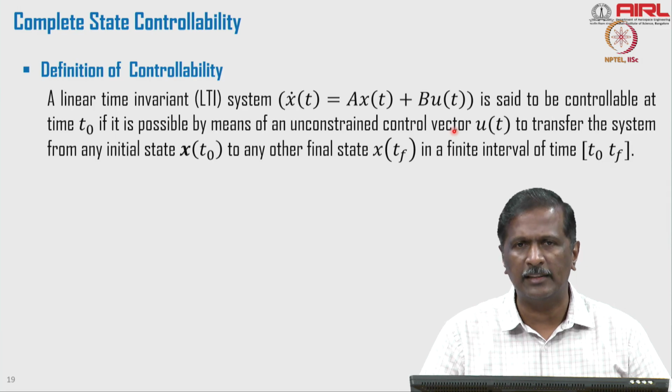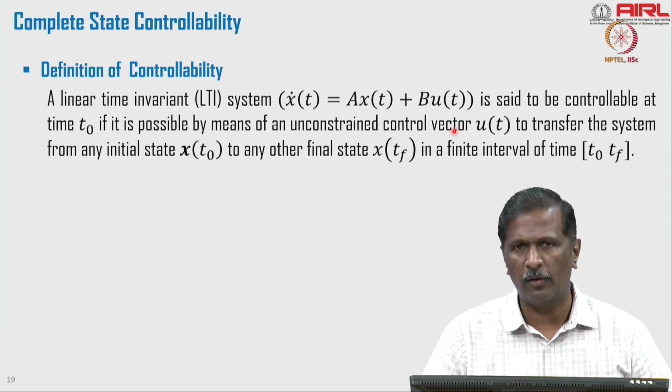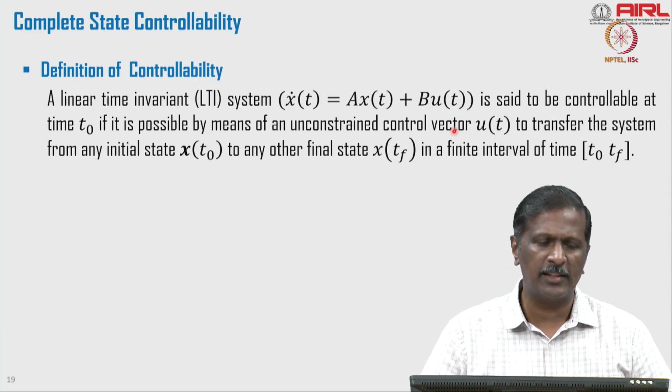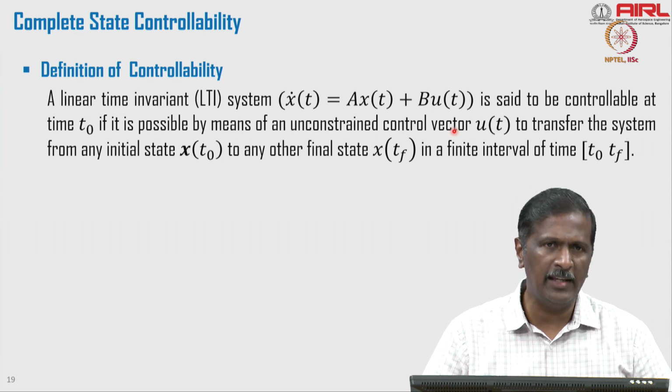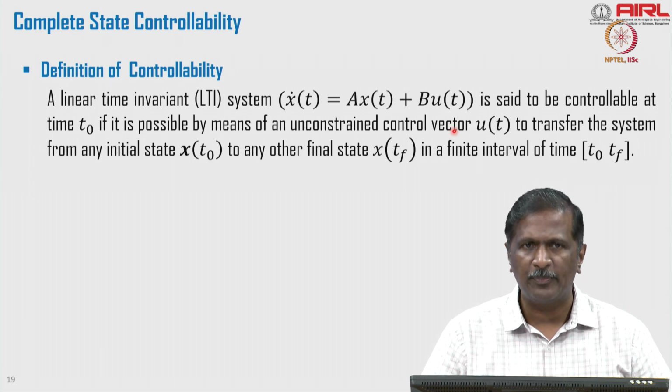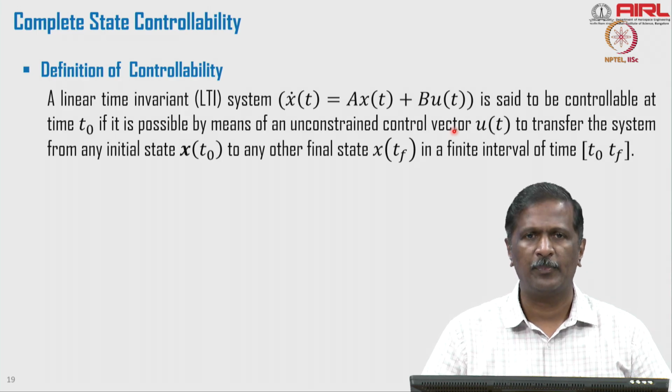I am not putting any constraint on my input u of t to transfer the system from any initial state x of t naught to any final state x of tf in a finite interval.